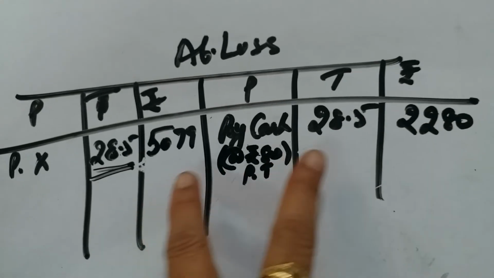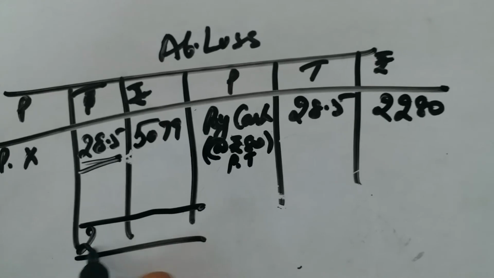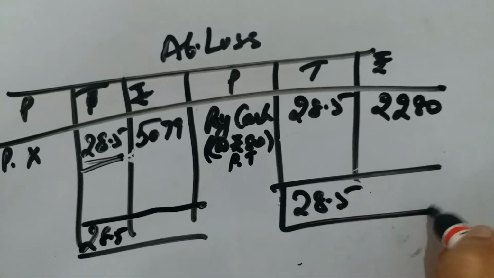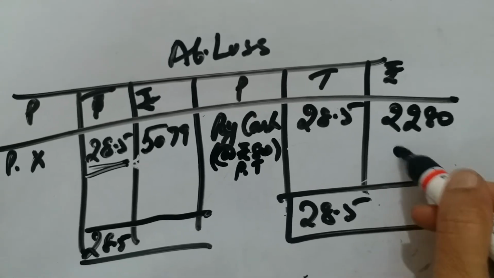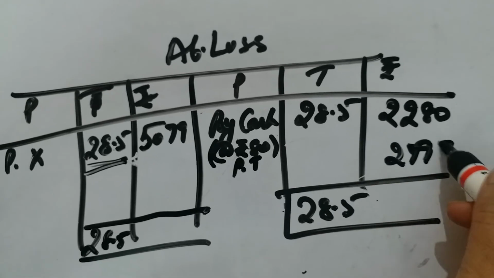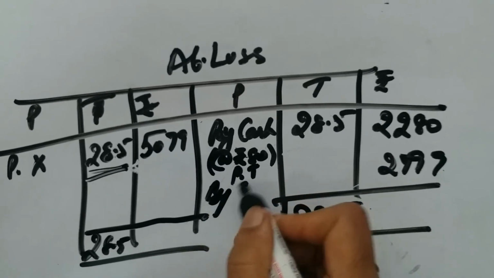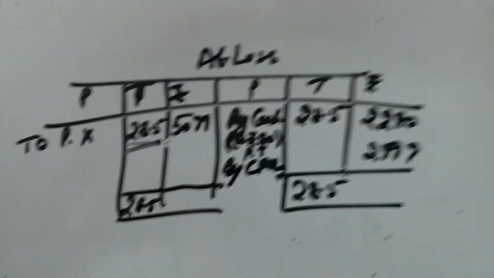Now we have the tons column balanced. We don't have anything in the tons column left, and where the balancing figure is appearing, it is approximately 2799 rupees, and it is to be transferred to costing profit and loss. So that's it for the abnormal loss account.